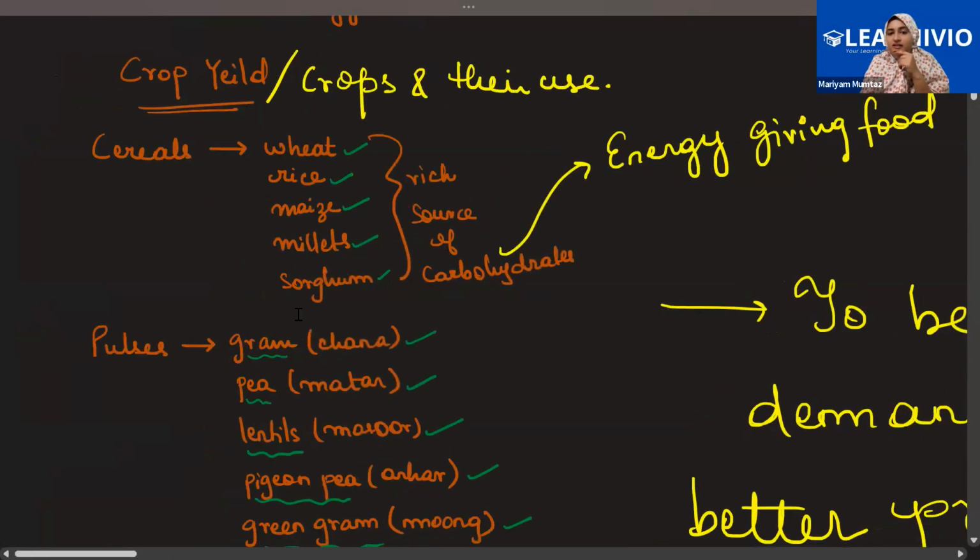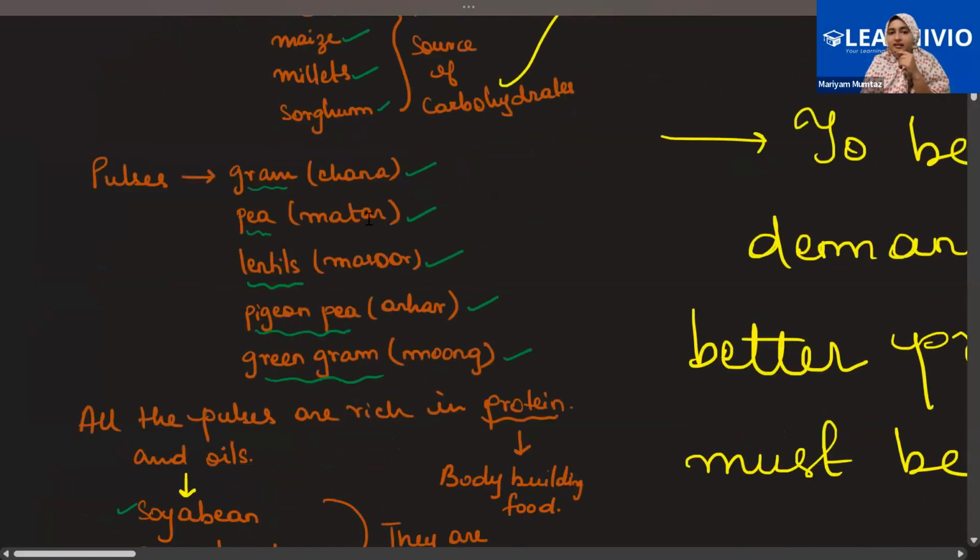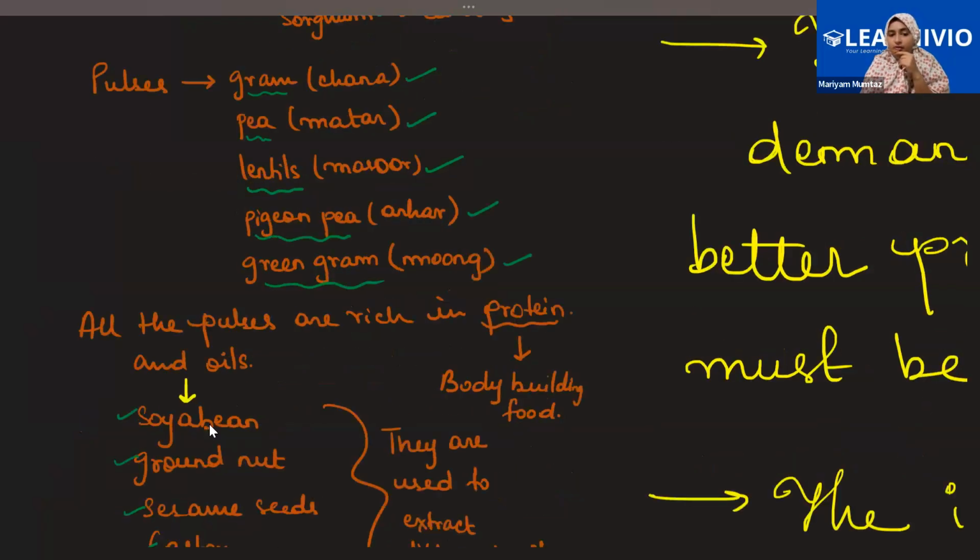All of the cereals are mostly a very big source of carbohydrate, that was the energy giving food. Then came the pulses. The pulses are gram, pea, lentils, pigeon pea, green gram. All of these are a great source of proteins.